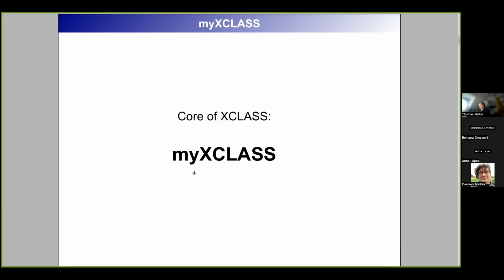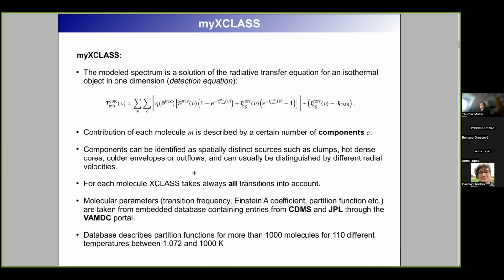So we start, first of all, with the core of XCLASS, the myXCLASS function. The myXCLASS function uses the radiative transfer equation in one dimension. And the contribution of a certain molecule is described by a certain number of components. These components can be interpreted as a core or an envelope or an outflow or whatever.